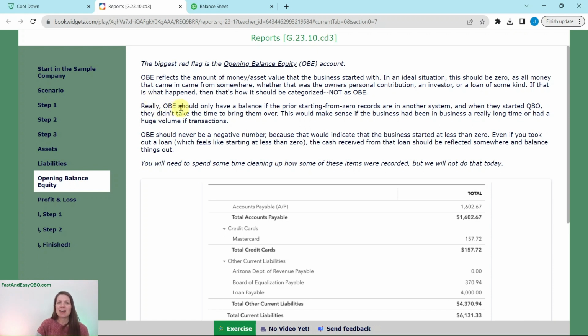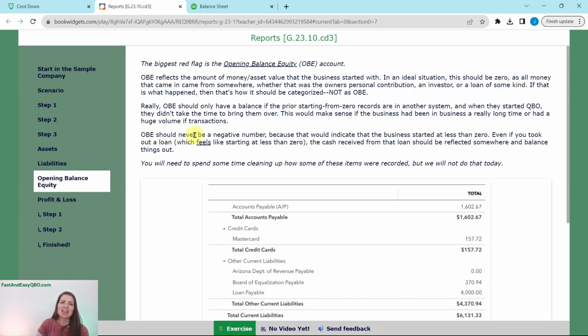Really, the opening balance equity account should only have a balance if the prior starting from zero records are in another system, and when they started QBO, they didn't take the time to bring them over. This would make sense if the business had been in business for a really long time or had a huge volume of transactions.